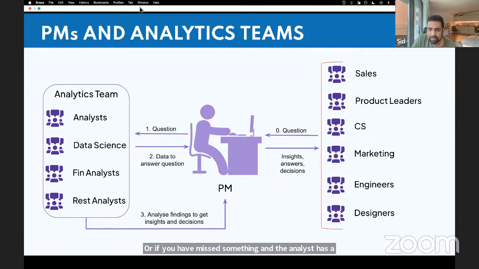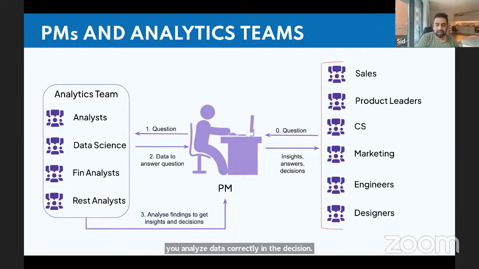Balakrishna asks, any example where you analyzed data correctly and the decision went wrong? I think the answer is yes. Just looking at data and interpreting it doesn't guarantee the right decision, because, as cliched as this might sound, data will always tell you things about the past, but you are making decisions for the future.